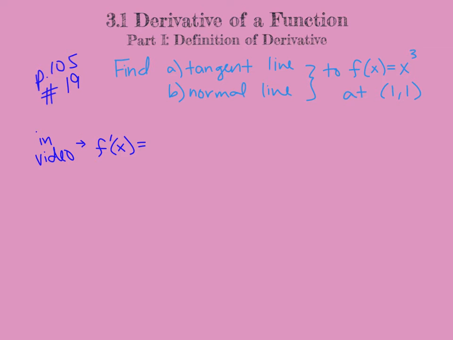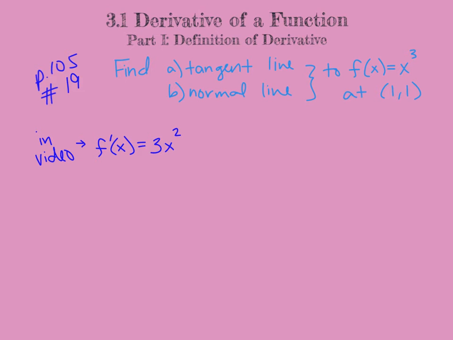We did all the work and used the definition of derivative to find that the derivative of x cubed is 3x squared. So I'm not going to go back through that whole process. We did that in our lesson video. So we know that the derivative of x cubed at any point x is 3x squared.